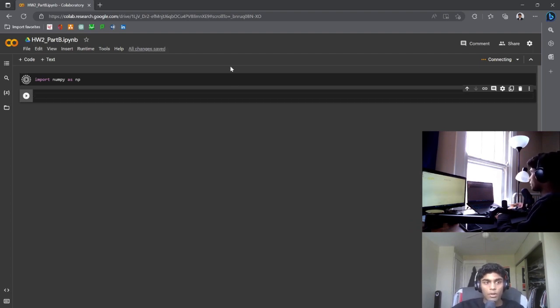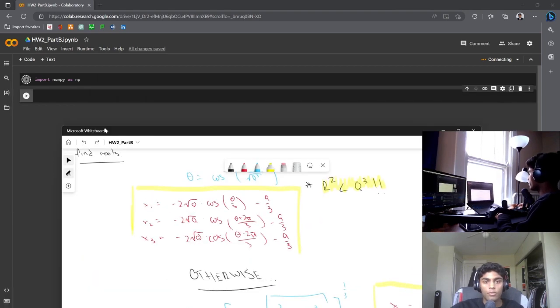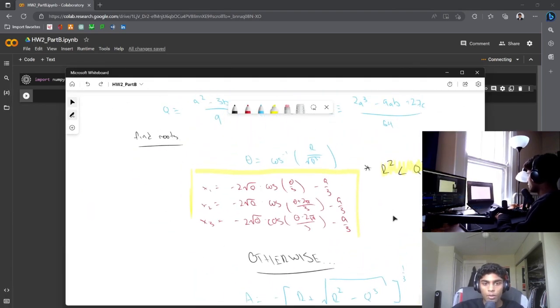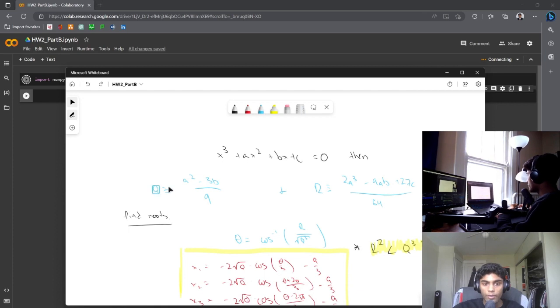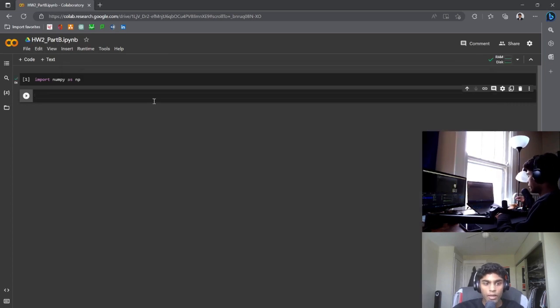Now, the first thing we want to do, if we look back at our whiteboard, is calculate Q and R based on our original function. So let's get a function called cubic roots with inputs A, B, and C.